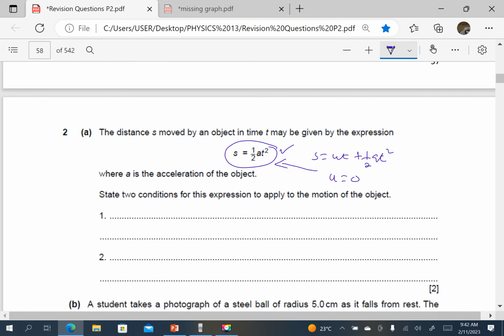So the first condition that applies for this expression is that the initial speed is 0. The second condition, to use this equation, is that the acceleration must be uniform, so the acceleration is constant.